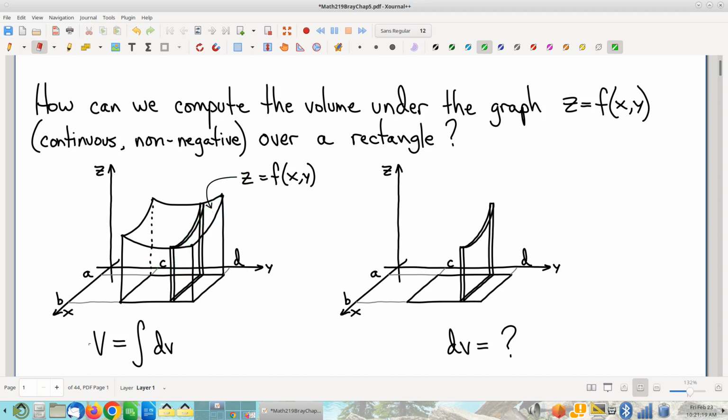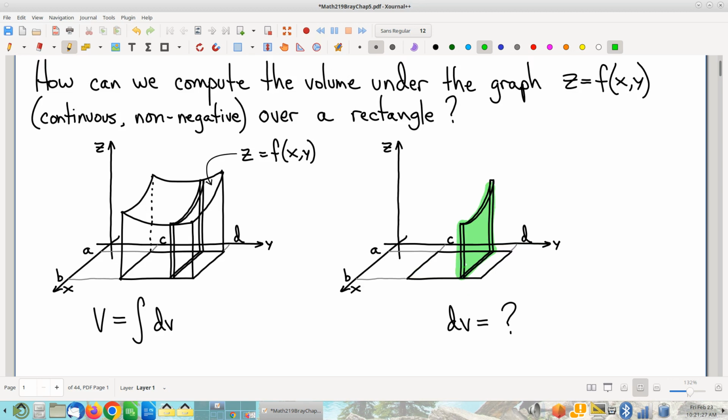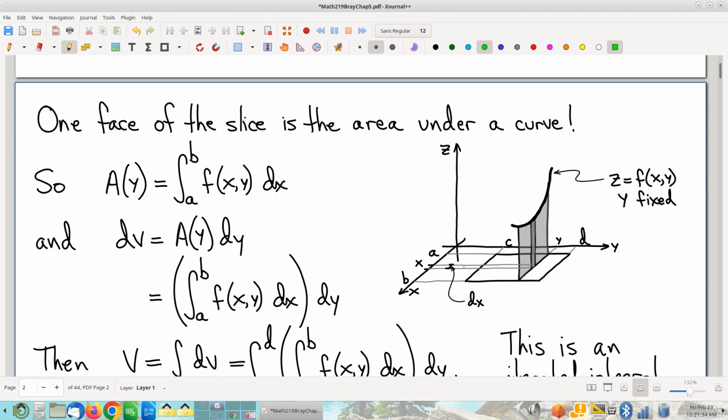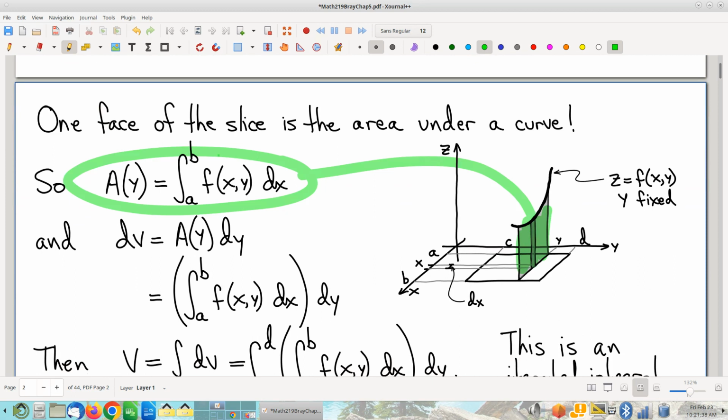The problem initially was that when we look at the resulting little problem, it was relatively hard compared to what we saw in single variable, because what's the cross-sectional area? It's not garden variety. And then we realized that it kind of is, because it's the area under a curve. Specifically, it's the area under a graph, so it itself is another single variable integral.